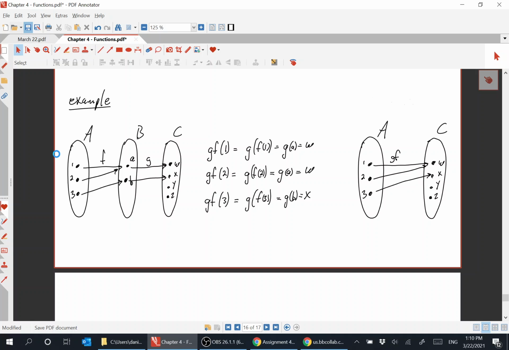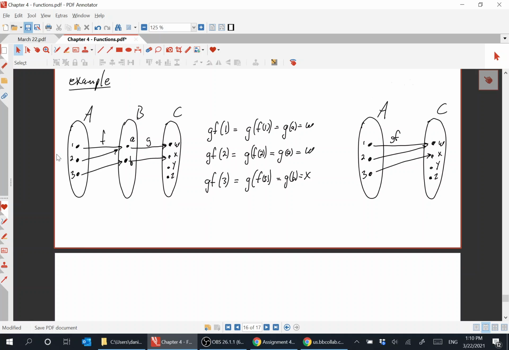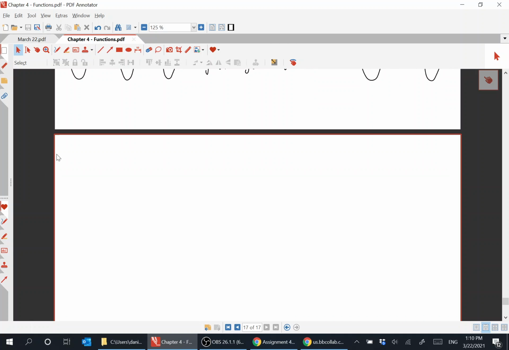Now this is, of course, the same definition of composition when you restrict your attention to just functions from the real numbers to the real numbers.